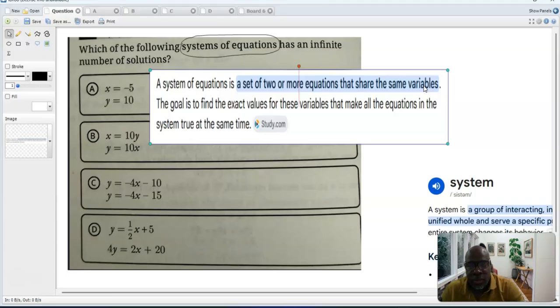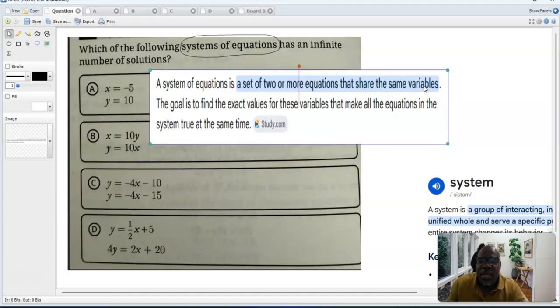Of course, the variables are represented by the letter X and the letter Y. In another lesson, we can speak more about variables. I'm tempted to teach more about variables, but this lesson is not about variables. Now, the goal is to find the exact values for these variables that make all the equations in the system true at the same time.